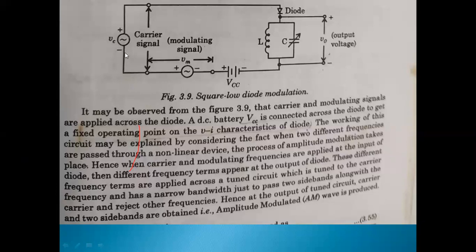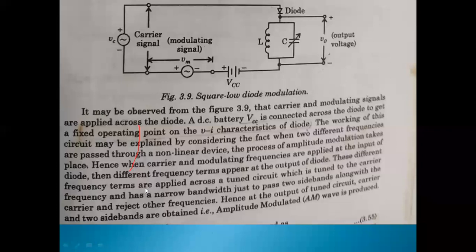The two different signals operate at their own frequencies: one is a low frequency signal and another is a high frequency signal. These two signals are given to the diode. The diode operates with the help of VCC, that is the operation of the circuit.